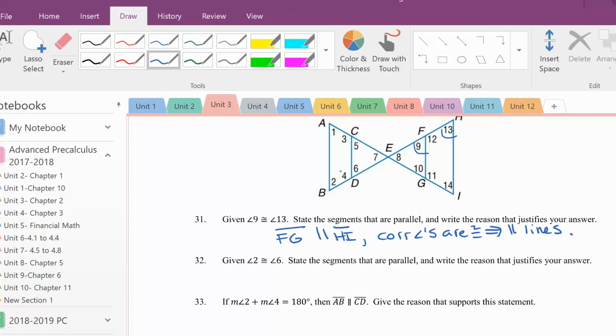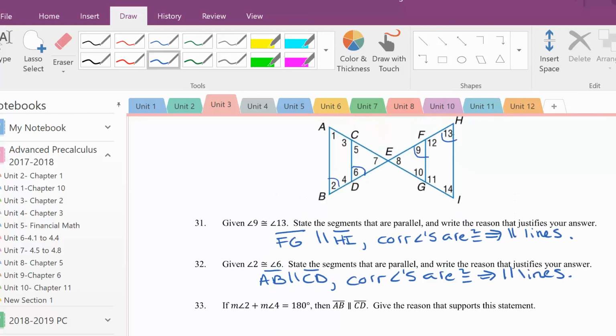If 2 is congruent to 6, those are corresponding. So that means segment AB is parallel to segment CD for the same reason: corresponding angles are congruent, then parallel lines.